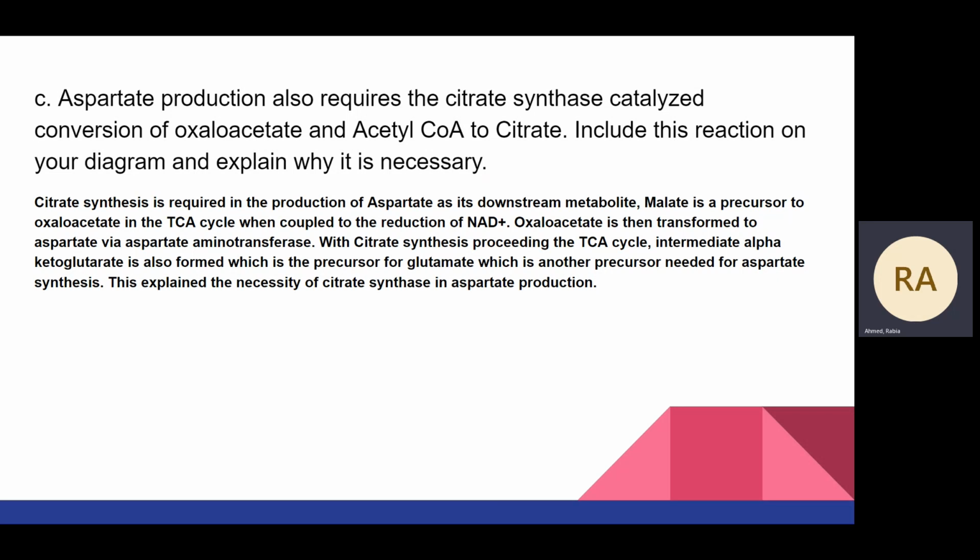Malate is a precursor to oxaloacetate in the citric acid cycle when coupled to the reduction of NAD+. Oxaloacetate is then transformed to aspartate via aspartate aminotransferase. With citrate synthesis preceding the citric acid cycle, the intermediate alpha-ketoglutarate is also formed, which is a precursor for glutamate, which is another precursor needed for aspartate synthesis. This explains the necessity of citrate synthase in aspartate production.